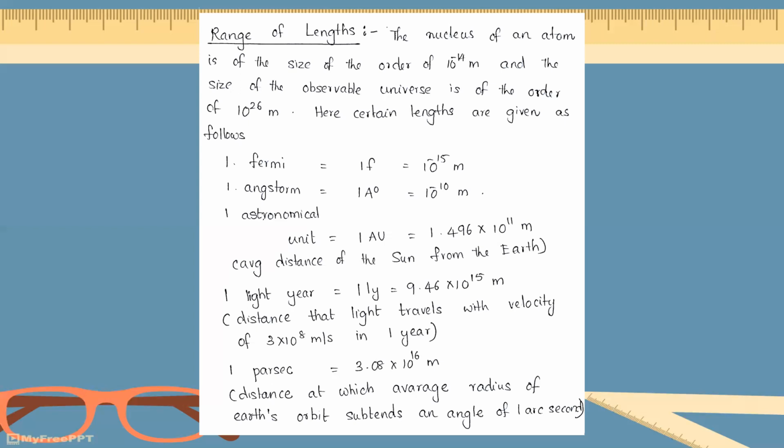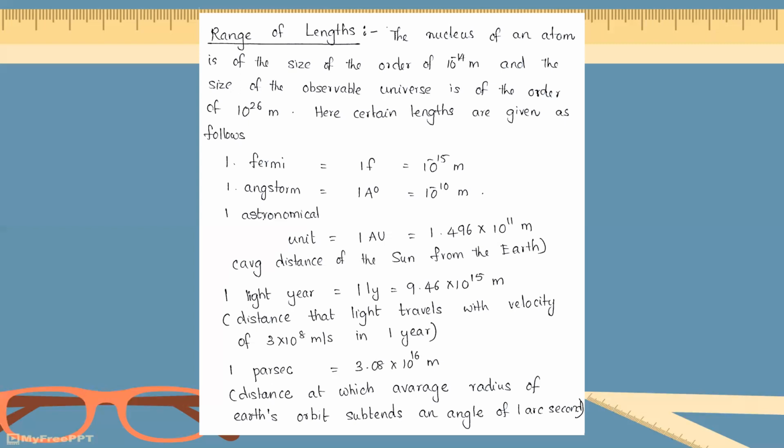We all know the speed of light, 3 into 10 to the power of 8 meters per second. With that speed, the distance light travels in a year is called a light year. 1 Ly is equal to 9.46 into 10 to the power of 15 meters.